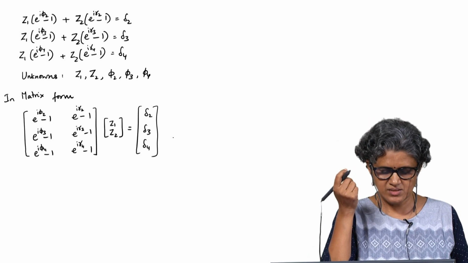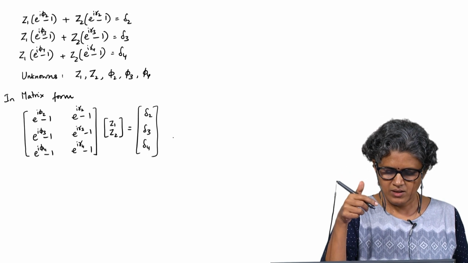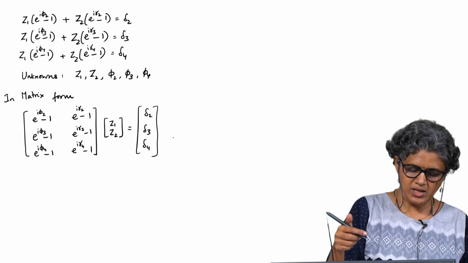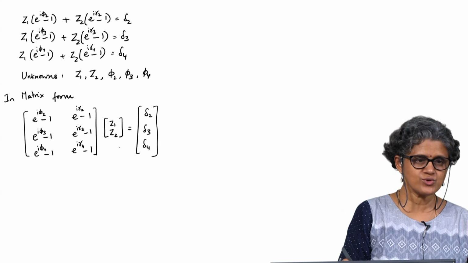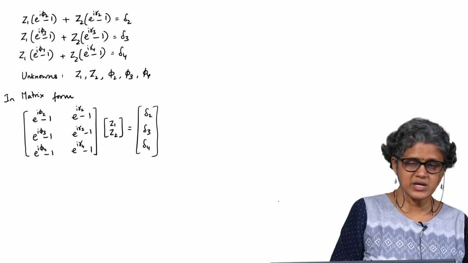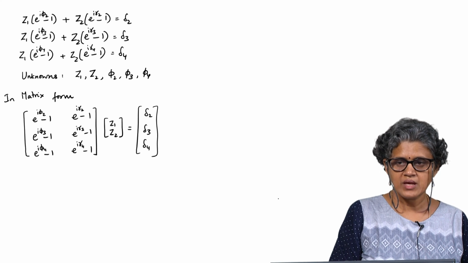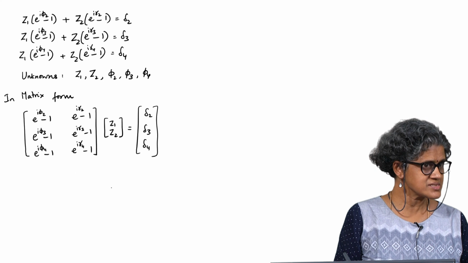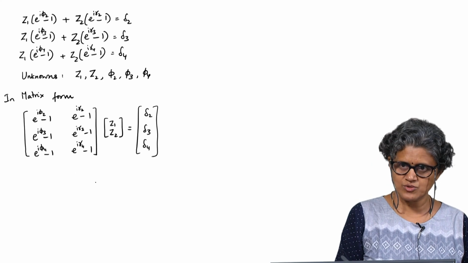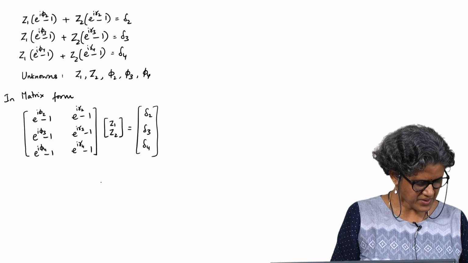So, this is, if I want this system to have a solution for z1 and z2, okay, then the determinant of my augmented matrix has to be 0. So, that is an additional condition that I have to satisfy, right.